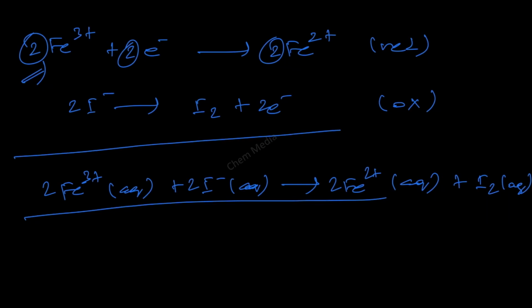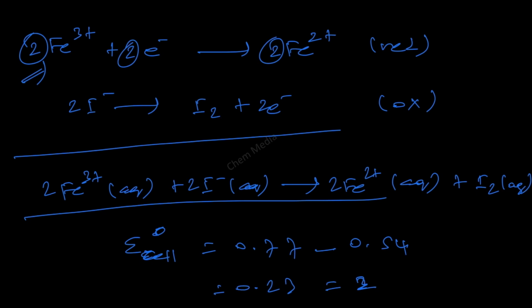We shouldn't do that. Therefore, Ecell standard is equal to Ecell standard of the cathode, that is 0.77, minus Ecell standard of the anode, that is 0.54. Therefore, that is equal to 0.23, which we can write as 23 times 10 to the power minus 2 volt. Therefore, 23 is the correct answer here.